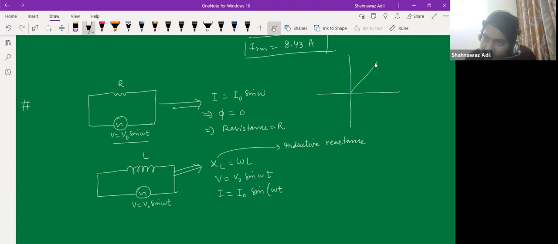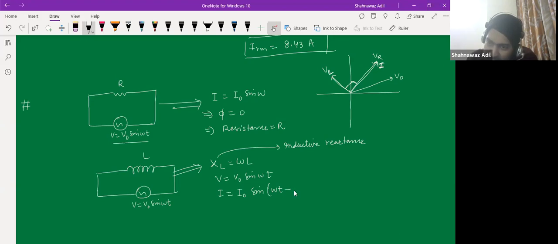So you have this R circuit, and the current is in the same phase as the input voltage. This is your VL. You can see that voltage is leading, which means that current is lagging.